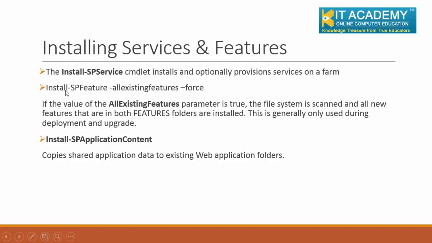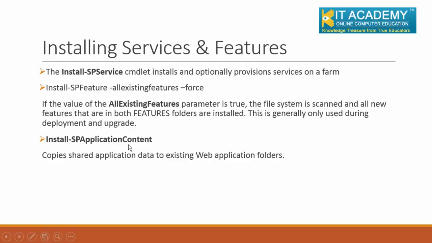And you also have to run the cmdlet Install-SPFeature, and you can pass an extra parameter called AllExistingFeatures. Ideally, we use the AllExistingFeatures parameter at the time of deployment or during the upgrade, where it will scan and then install all the possible features for your SharePoint farm.